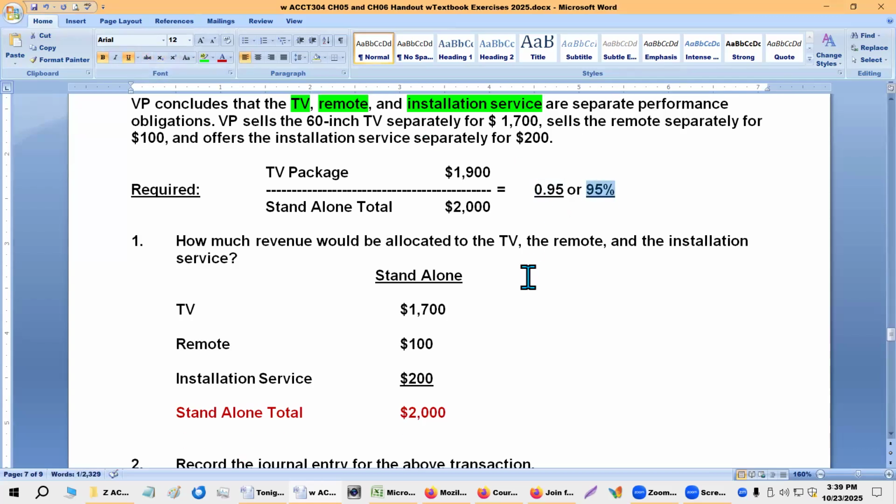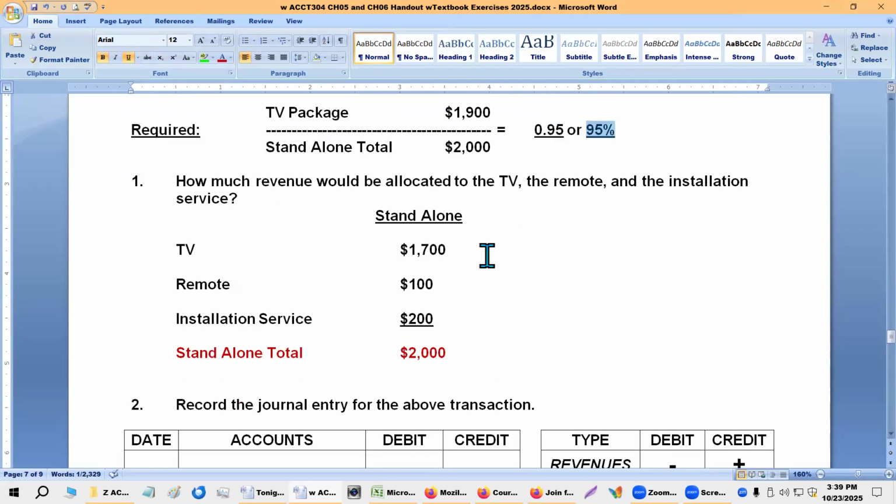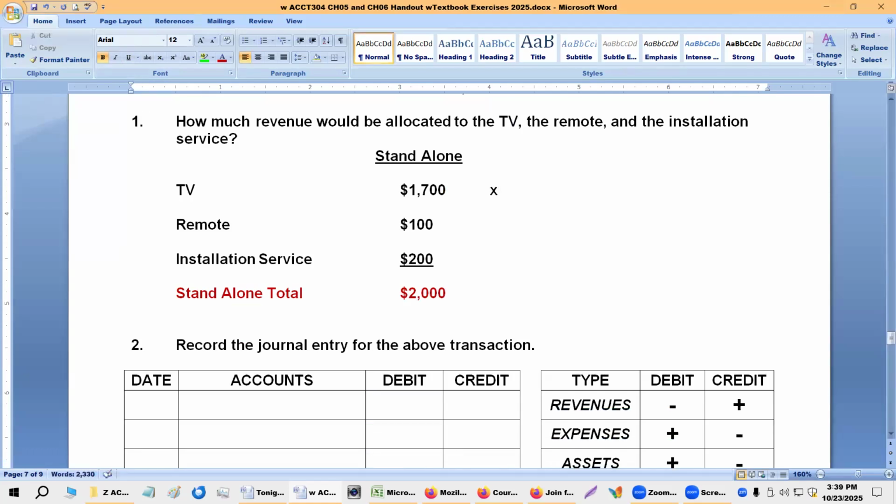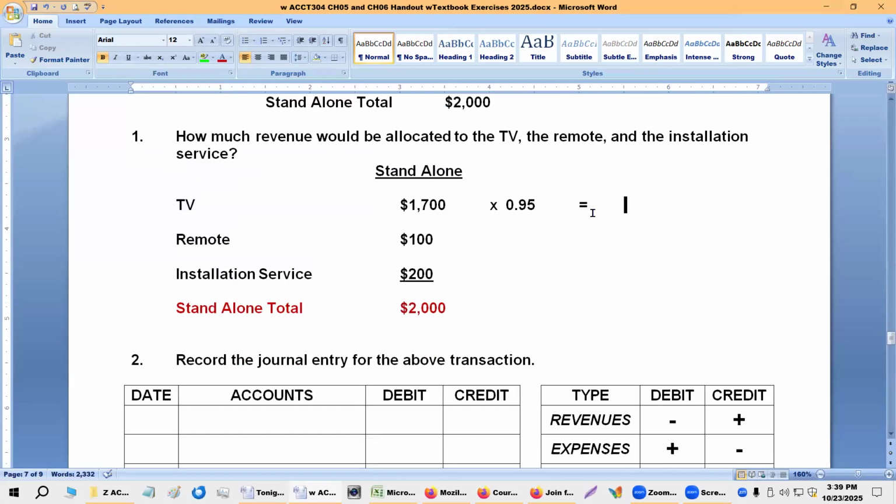So all we need to do is multiply all of these down here by 0.95, and this will give us how much we're going to have for each of those.